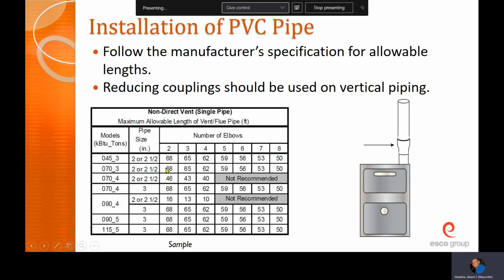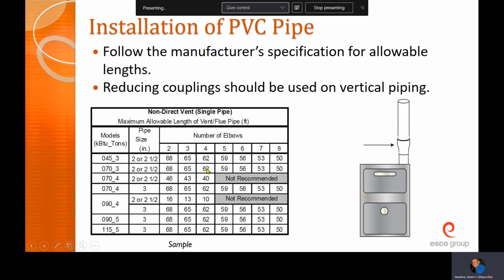Now, 2.5 is kind of an odd size. But with that, it says that I can have, for the maximum allowable length of flue pipe, if I have 4 elbows, I can run 62 feet of pipe.